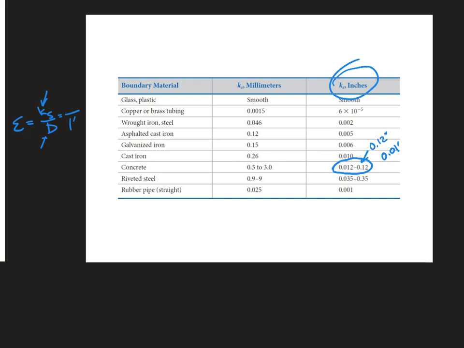However, unfortunately, whenever I did this the first time, I didn't choose that number. You can choose any number you want if I give you this. Normally, if I give you concrete or something like that on a test, I'm going to tell you what the Ks is, because that's going to make my grading life easier. It'll also be less stressful for you, so you won't have to pick a number.